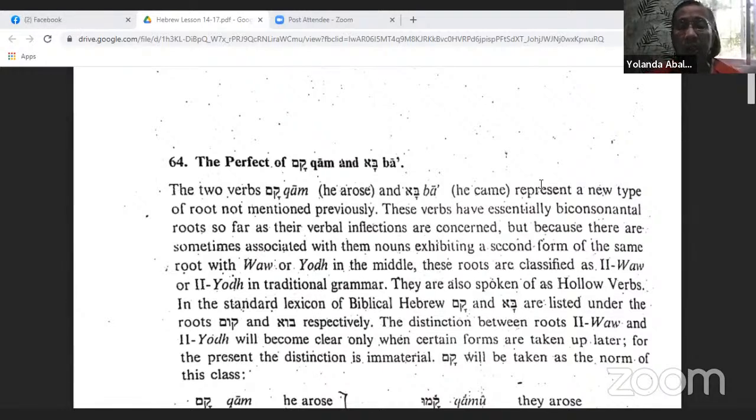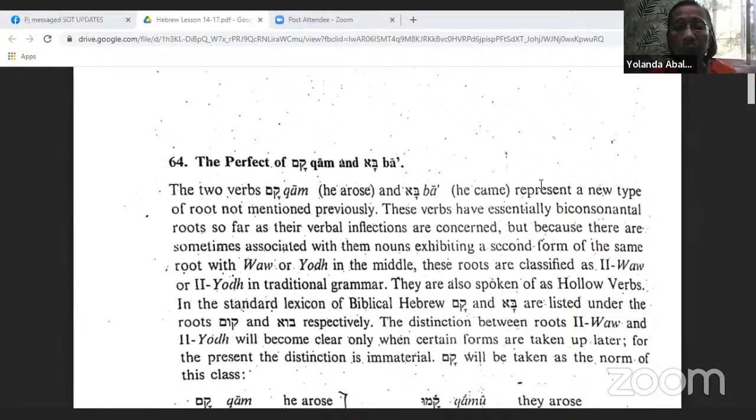Because there are sometimes associated with them nouns displaying, exhibiting, demonstrating a second form of the same root with vav and yod in the middle, which is the middle verb. Those roots are classified as the second group vav and the second group yod in traditional grammar of the Hebrew.